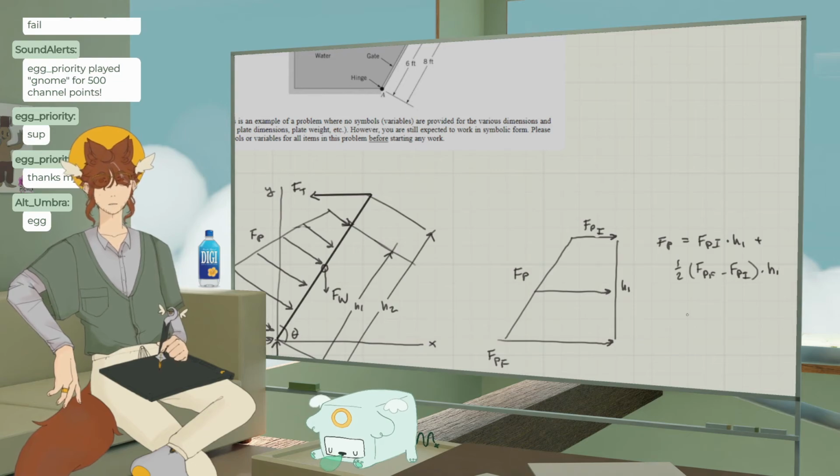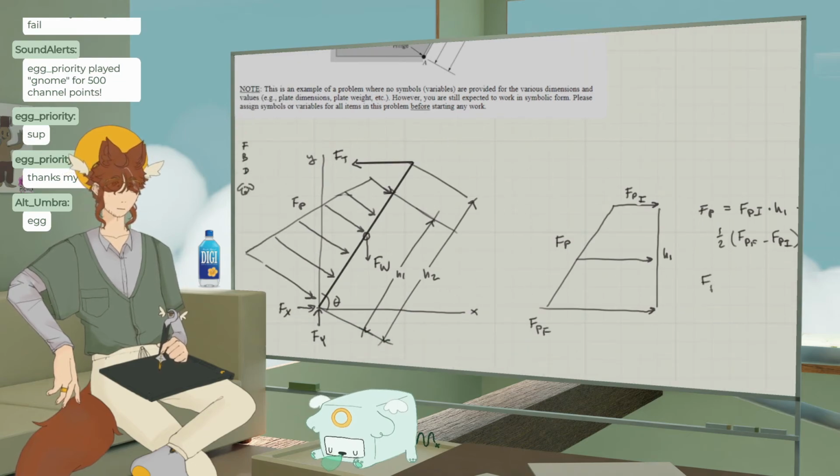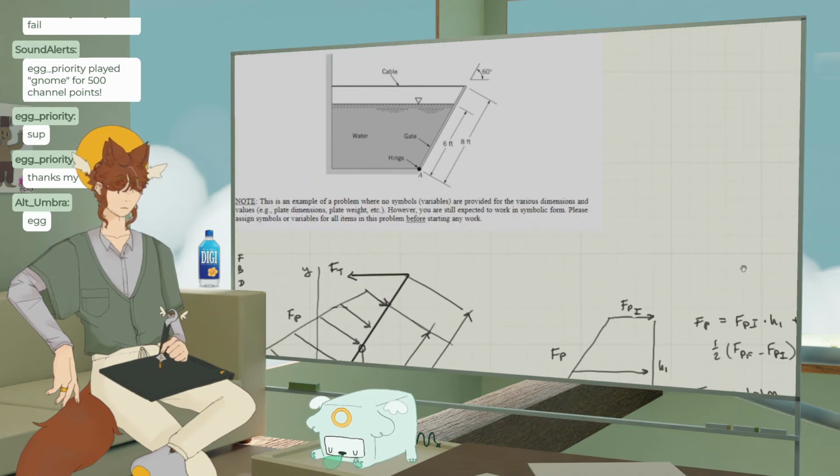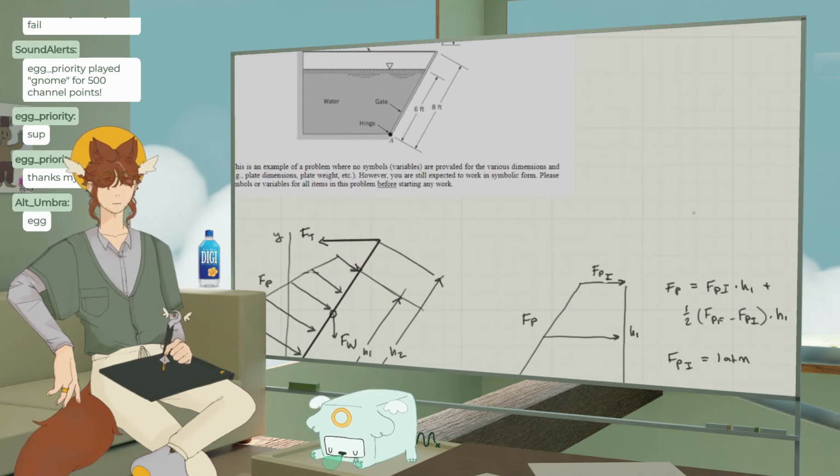So FP initial equals 1 ATM. What does he want it in? He wants, okay, let me think about this. We're gonna want pounds force, not ATMs, but it is 1 ATM. So let's convert that. What did we say it was? 14.696?